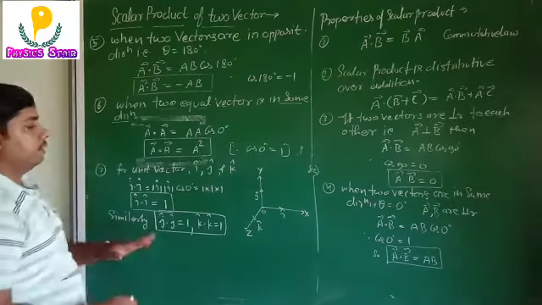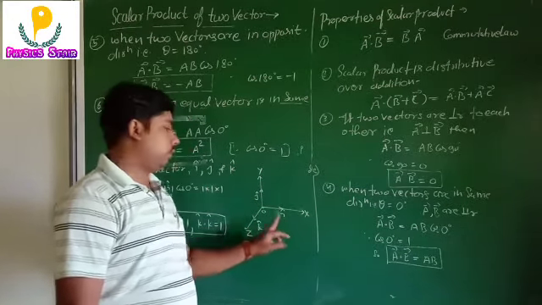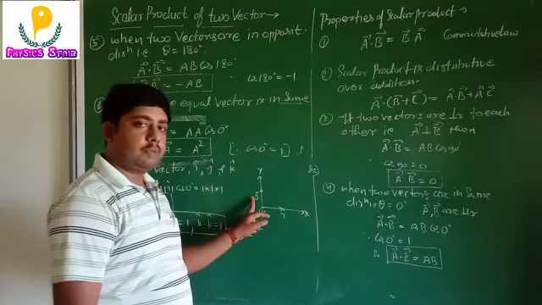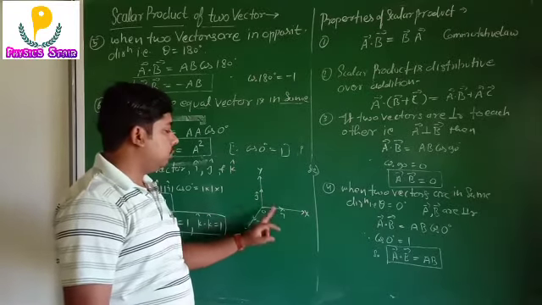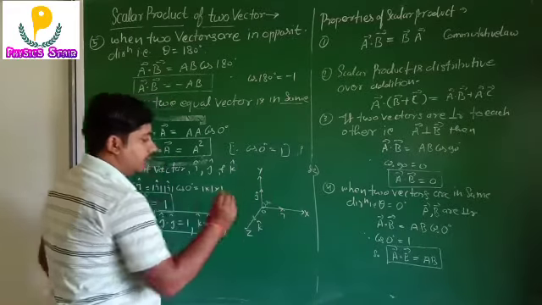Now when we take the product of the unit vector I with J, I and J are both perpendicular to each other and make an angle of 90 degrees.